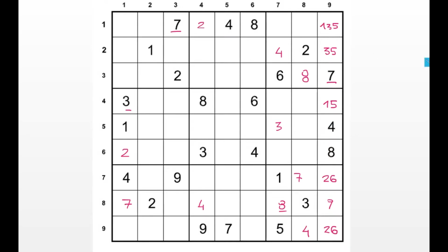Now, let's see what is going on here with this cell. Here cannot be number 1, 2, 3, 4, 5, 6, 7, and 8. And the last remaining number for this cell will be number 9.